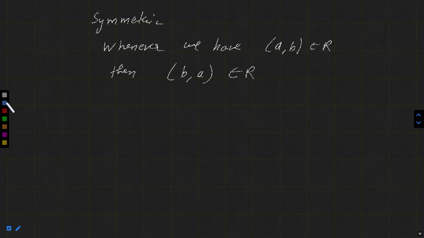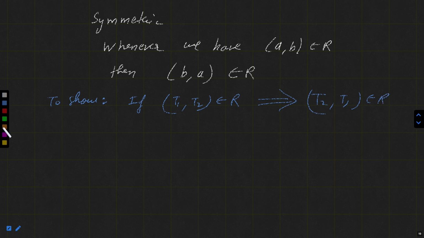So now we need to show that if T1 comma T2 belongs to the relation R, this implies T2 comma T1 also belongs to the relation R. Okay, let us try to show it.